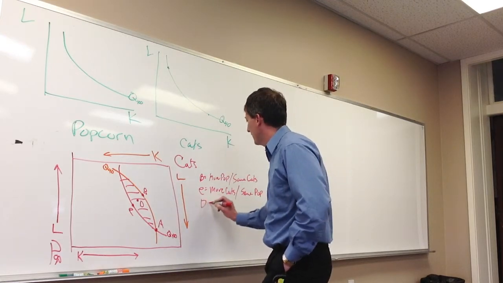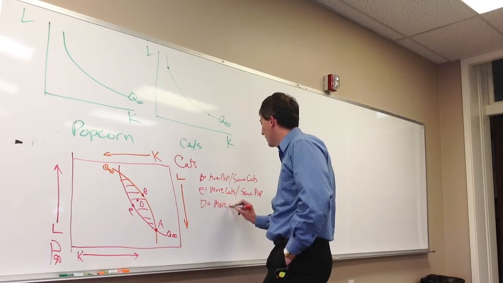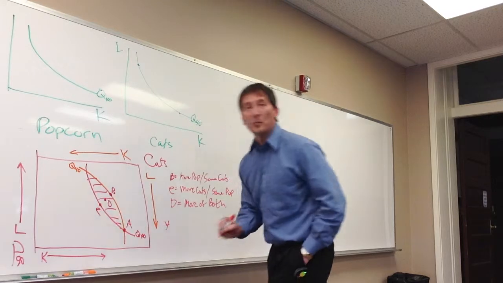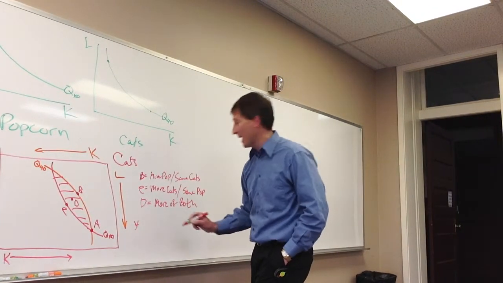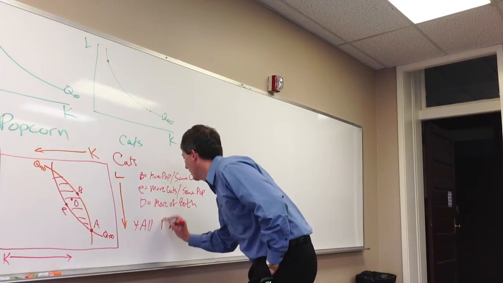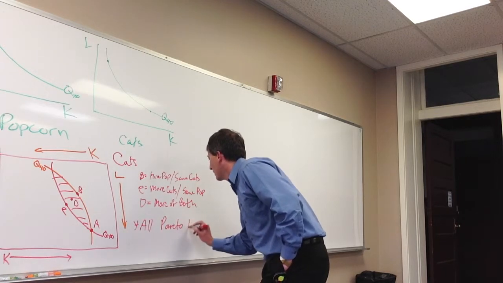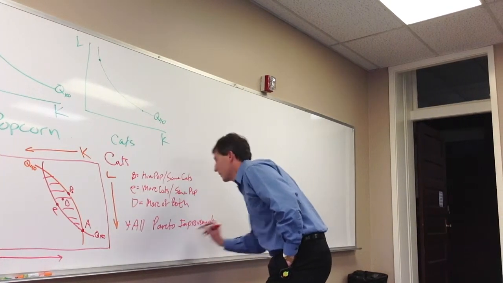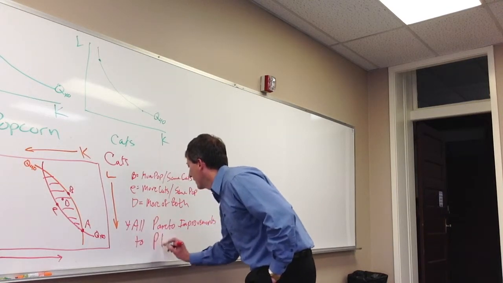And at point D, we got more of both. And the key is that all of these are Pareto improvements to point A.